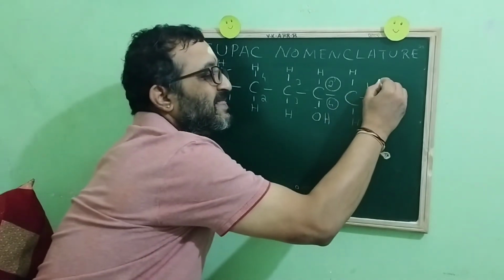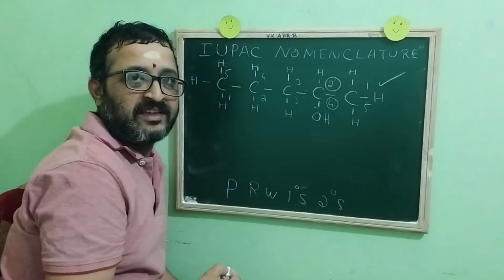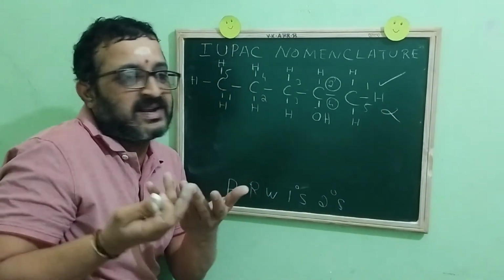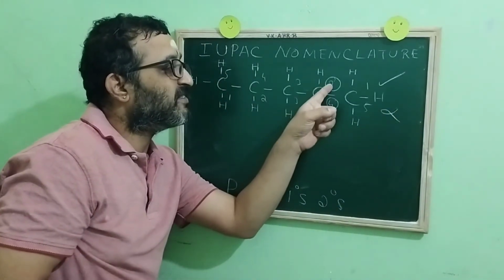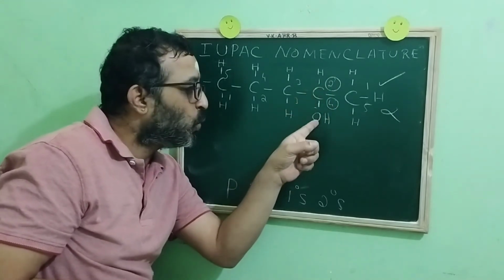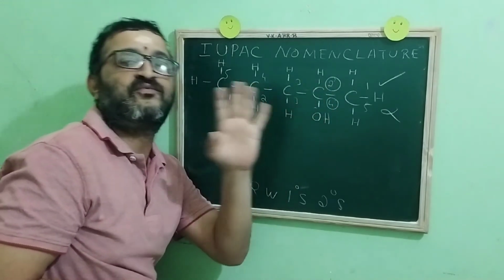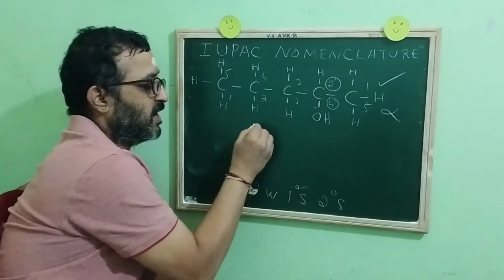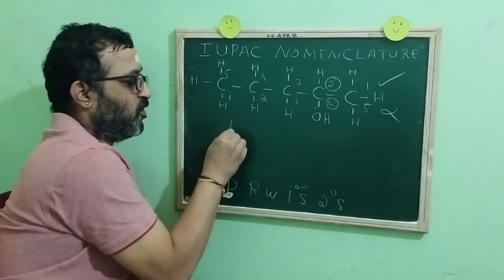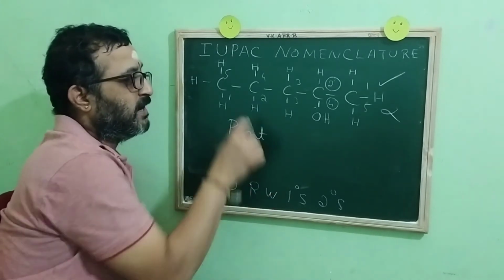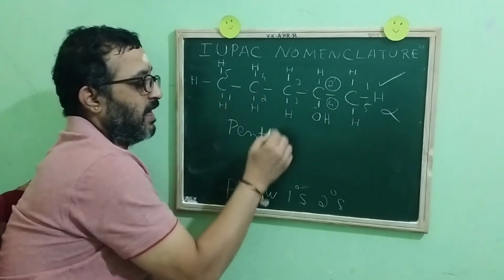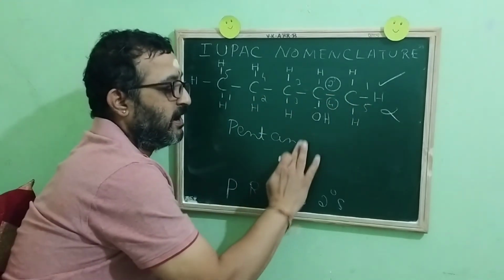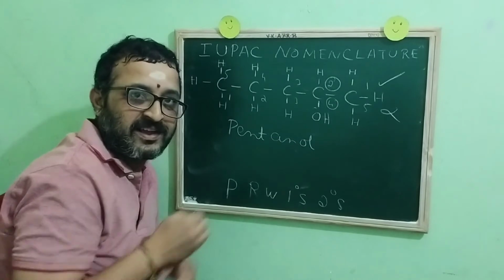So this way of numbering is right and this way of numbering is what? Wrong. Because my target is to give lowest number to the carbon to which what is attached? Functional group is attached. So this is right, this is wrong. So the name of this compound will be pent-ane, right, and ol. Is it okay?